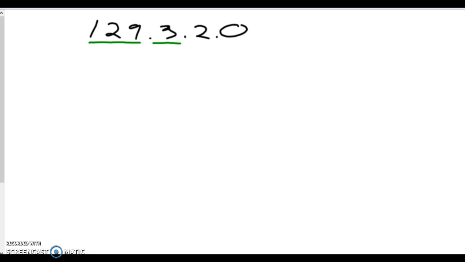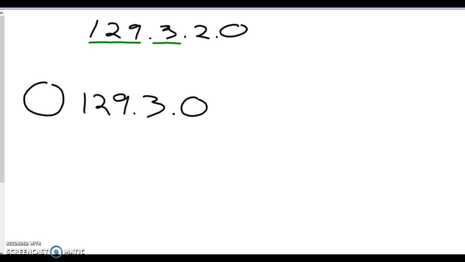So as we start to subnet, our very first subnet should be a reflection of this. So we have 129.3.0.0.